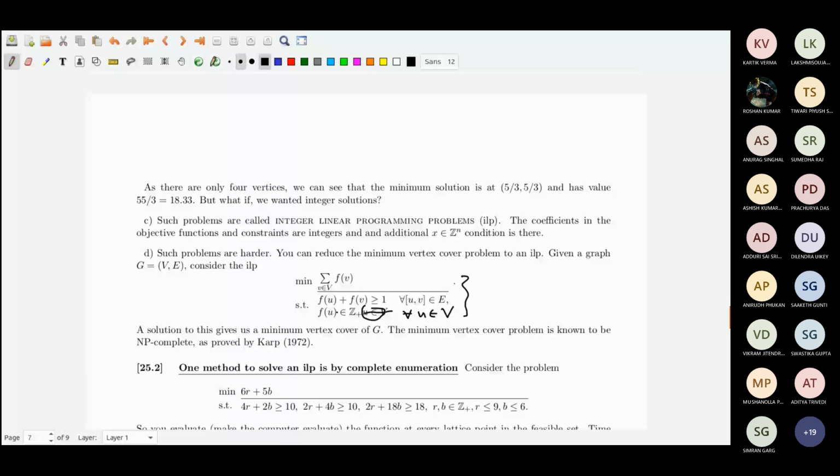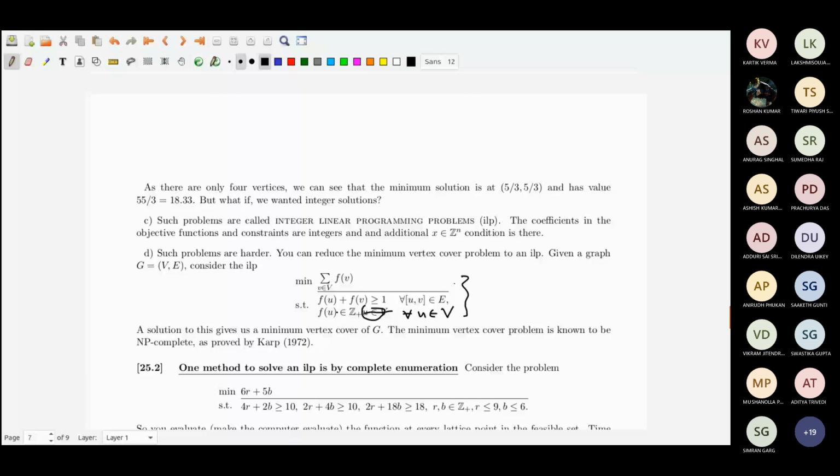Second, if there is an edge between 2 vertices, then the sum of the numbers you have written at the endpoints must be at least 1. You cannot just write 0, 0 in both the end vertices. That's not allowed. It has to be at least 1. That is the condition.